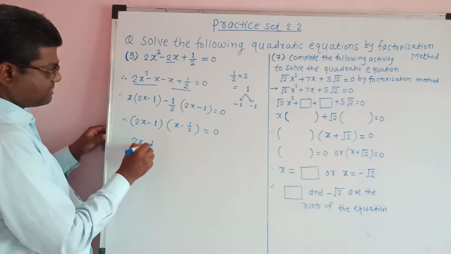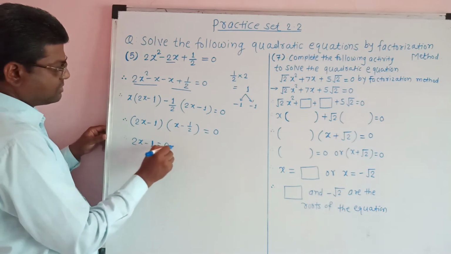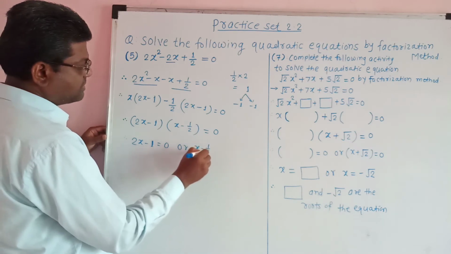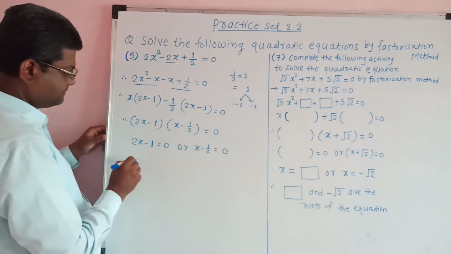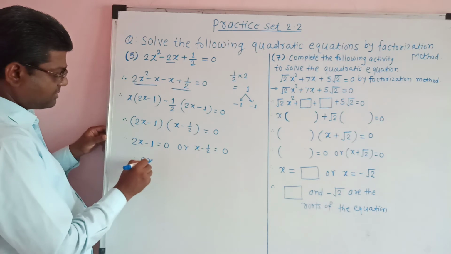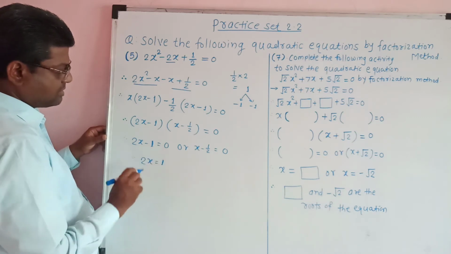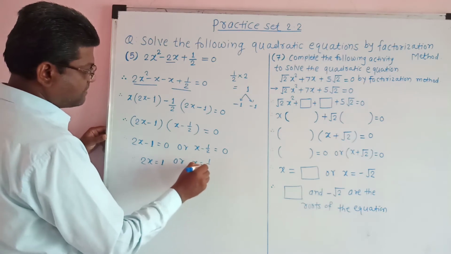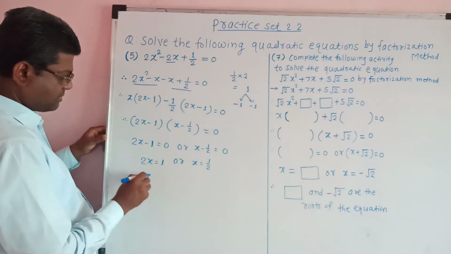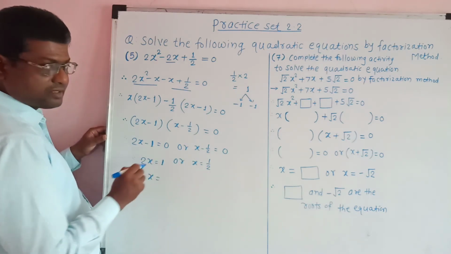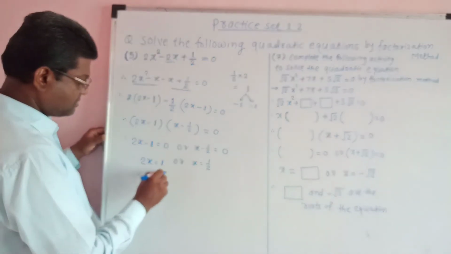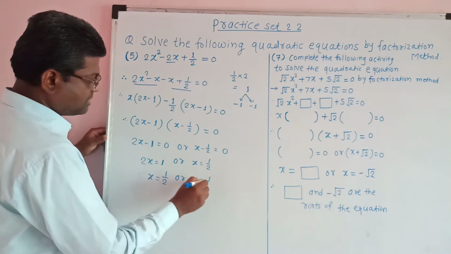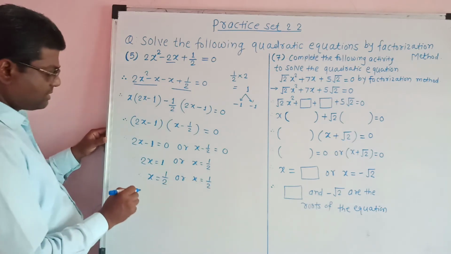Therefore 2x minus 1 is equal to 0, or x minus 1 upon 2 is equal to 0. Therefore 2x is equal to 1, therefore x is equal to 1 upon 2, or x is equal to 1 upon 2.